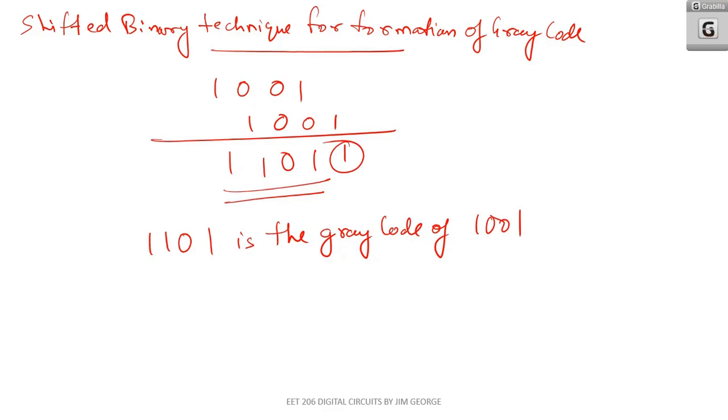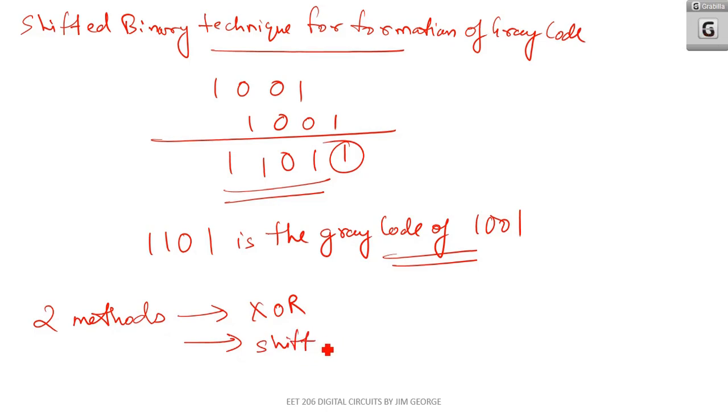Now I have mentioned two methods of forming gray code. One is the XOR method, and the second is the shifted binary technique. These two techniques are for forming gray code.